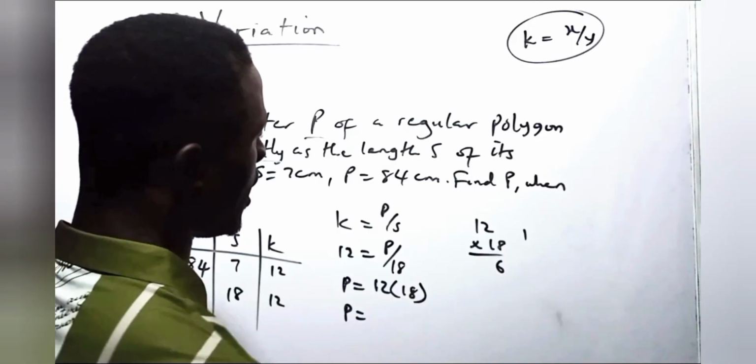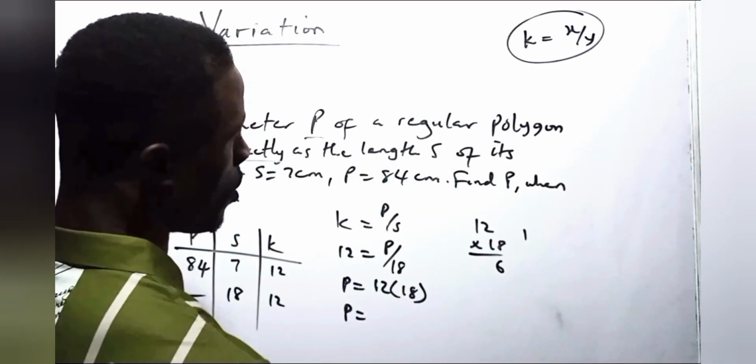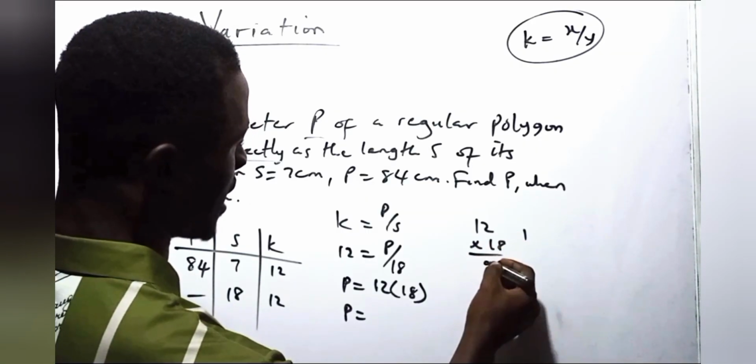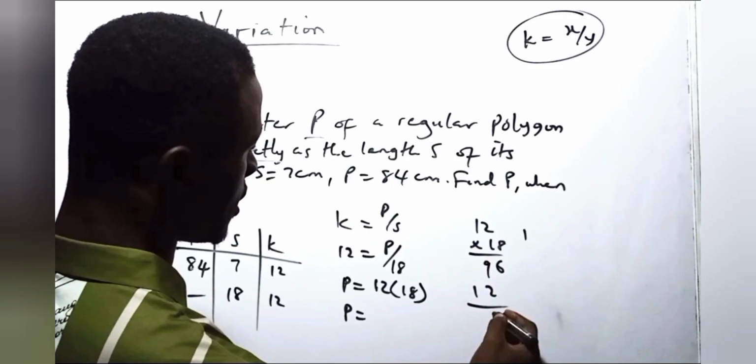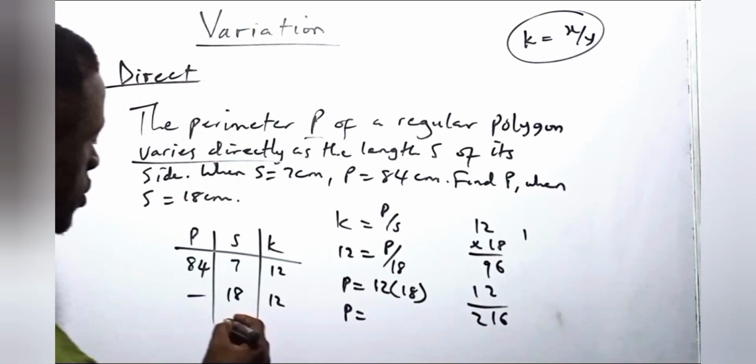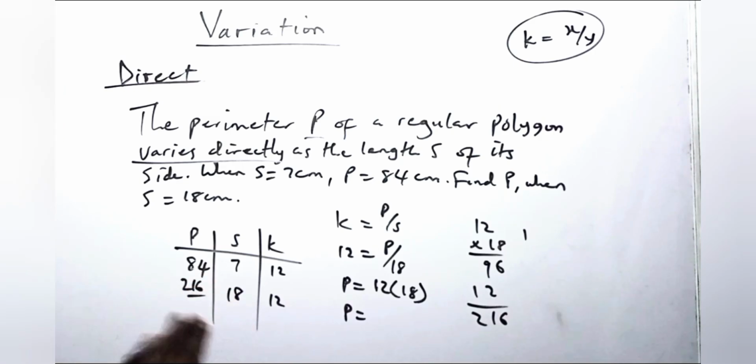Keep 1. 8 times 1 is 8 plus 1. That's 96. So the answer here is 216. You now say therefore P when S is equal to 18 is equal to 216 centimeter.